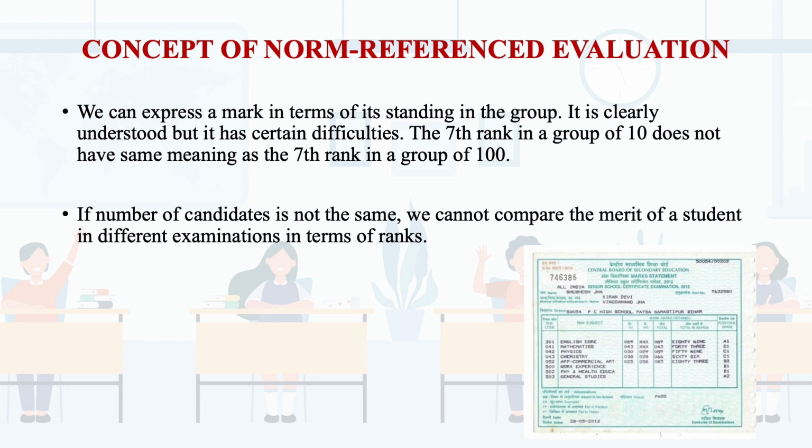In a group of 100, the 7th rank you can say is a good performance, but in a group of only 10, the student is merely occupying the 7th position in order of rank, and after that there are only three ranks, that is 8th, 9th and 10th. So if the number of learners in both groups is not the same, then it is difficult to compare.